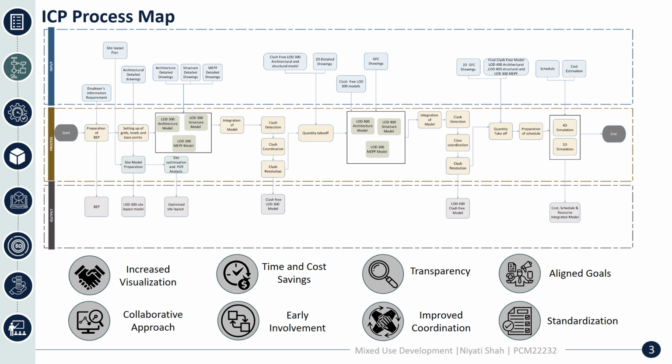Along with that, standardization has also been observed. All the stakeholders have aligned goals because all the BIM uses and procedures have been standardized in the BIM execution plan, which fixes the goal throughout the studio. Because of the early involvement of the stakeholders, improved coordination has also been found.